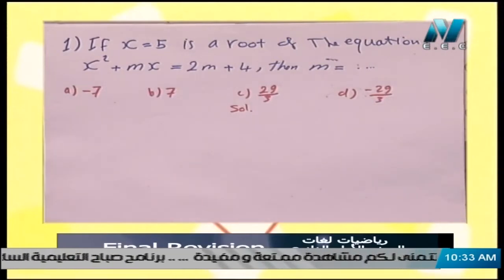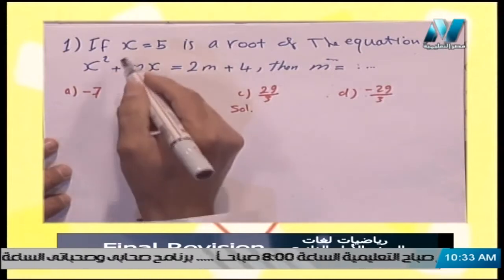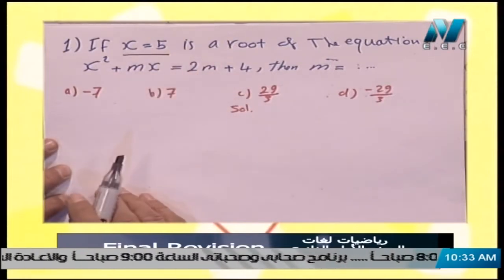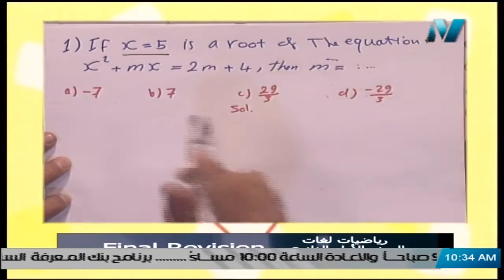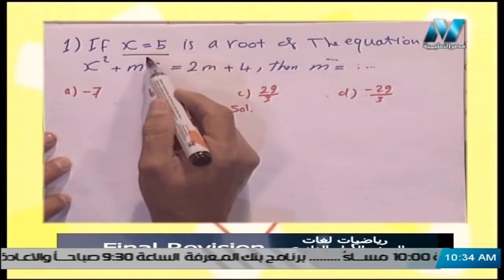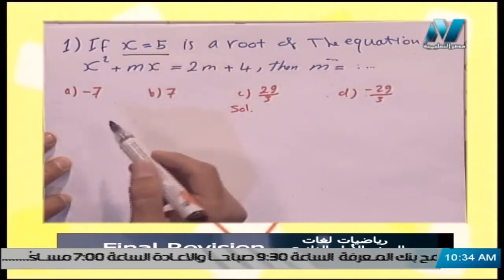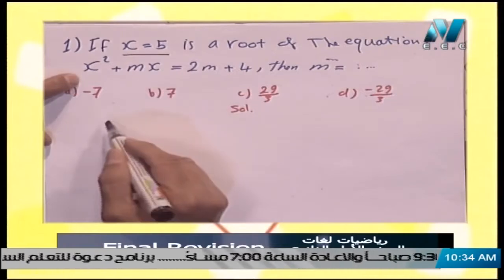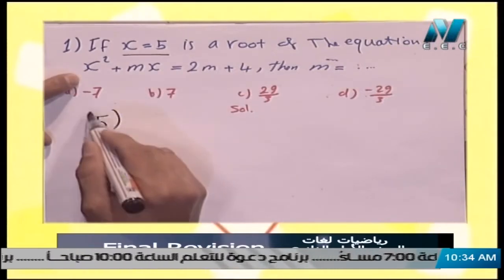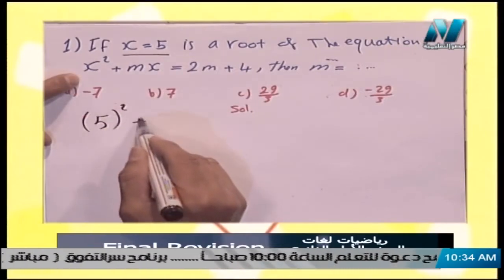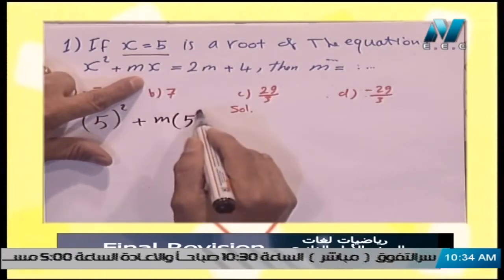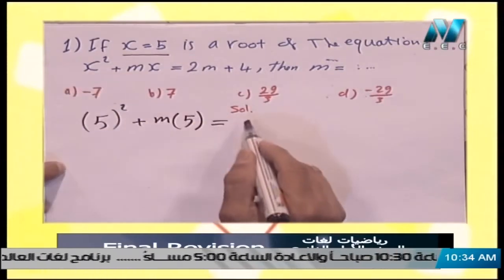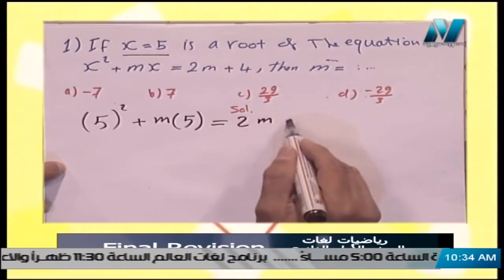Let's start to solve. First, we have x equals 5 is a root of this equation. We will substitute for x. Put x here as 5 power 2 plus m multiplied by 5 equals 2m plus 4.